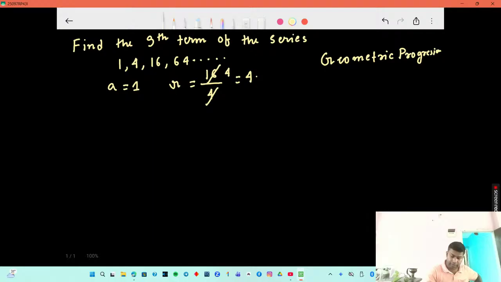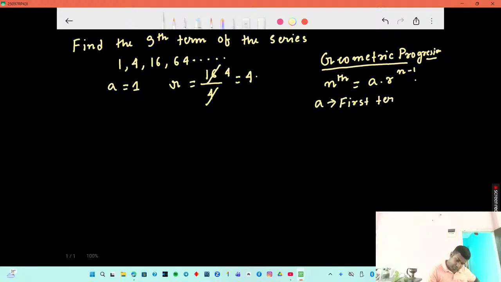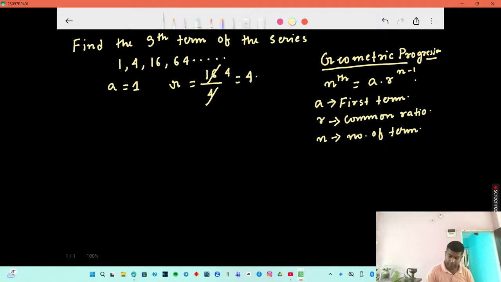The formula of GP to find the nth term is A into R to the power n minus 1, where A is the first term, R is the common ratio, and n is the number of the term to be calculated.